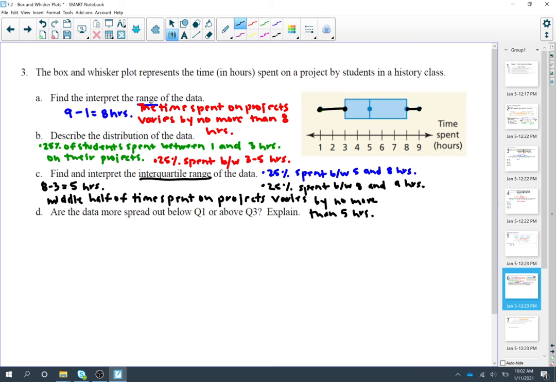Well, they're more spread out below Q1. And then how do you know? I'm going to keep this simple and say the whisker is longer. We could put numbers in there and say, well, 1 to 3 is different by 2, 8 to 9 is different by 1, but really that just means the whisker is longer.